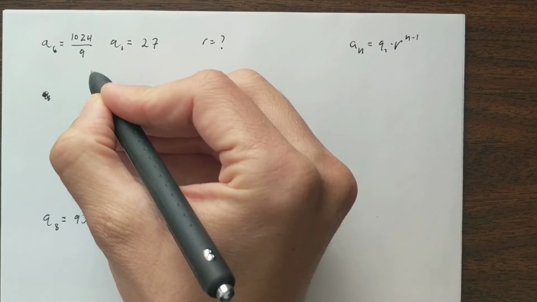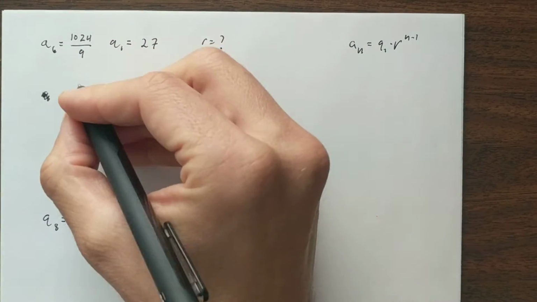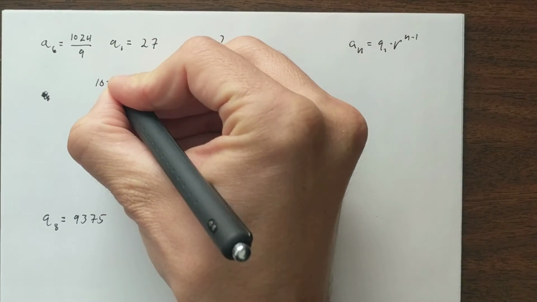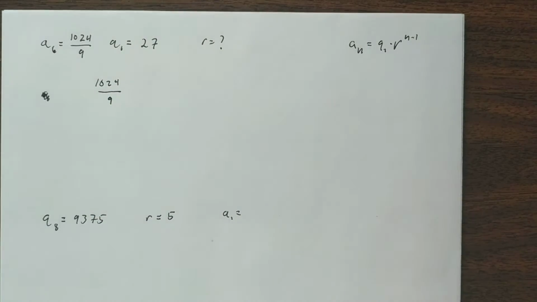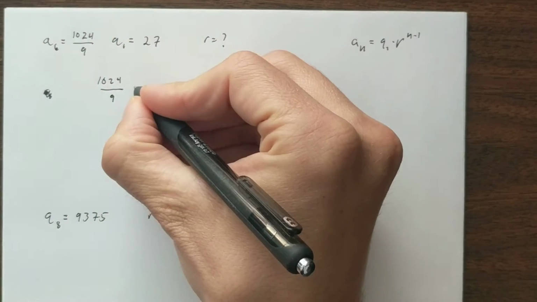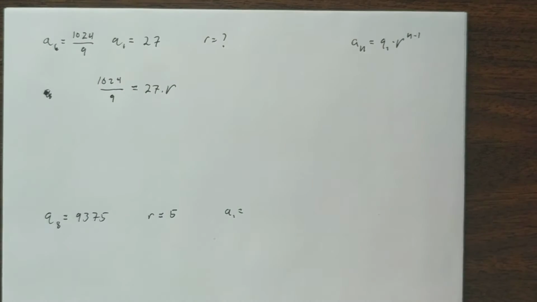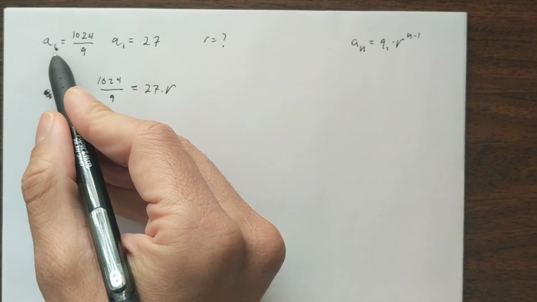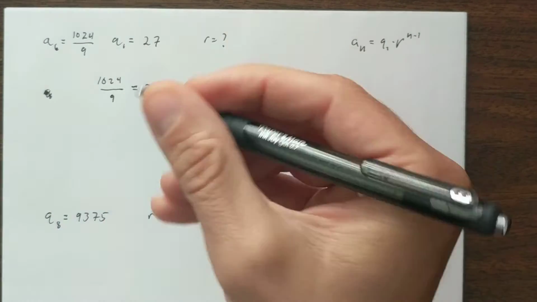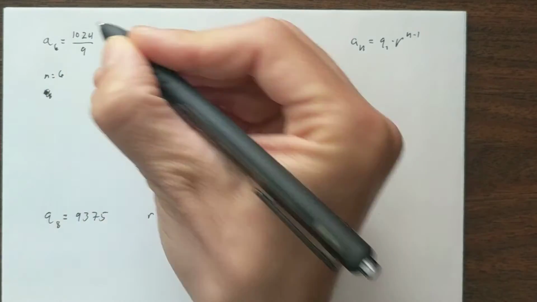So using that here, this is going to be 1024 over 9, just like before, equals 27 times my rate, which I don't know, to the power of n minus 1. But since I'm using a sub 6, n in this case is 6.